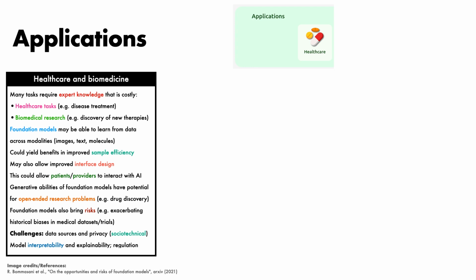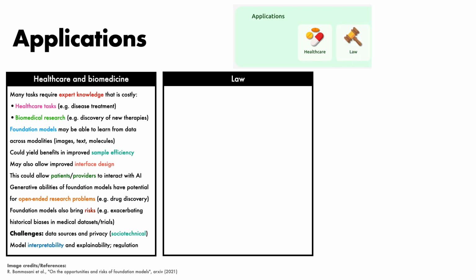The second application domain considered is law. For a number of legal applications, attorneys devote considerable effort to producing long and coherent narratives from contexts that shift over time, a task that involves deciphering ambiguous legal standards.